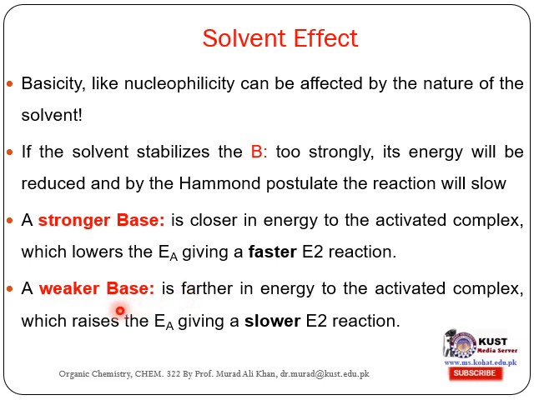Like in the previous lecture, we have seen that graph in which the stronger bases were near to the activated complex and the weaker bases were further down from the activated complex. So if they are further from the activated complex, more activation energy will be required to get to it, and as a result the reaction will proceed slowly.